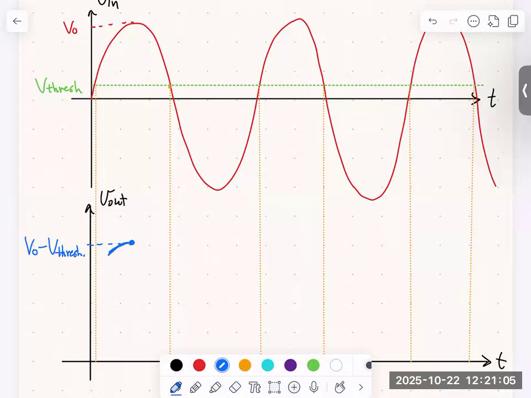But let's imagine we've gone to this peak and now the input starts dropping off. As the input drops off, the current decreases, and eventually the diode goes reverse biased. But the output voltage doesn't drop to zero. It doesn't drop to zero because the capacitor is charged up and we don't instantly lose all the charge on the capacitor. It discharges through the resistor. And we're going to make that discharge slow. So there's our slow discharge.